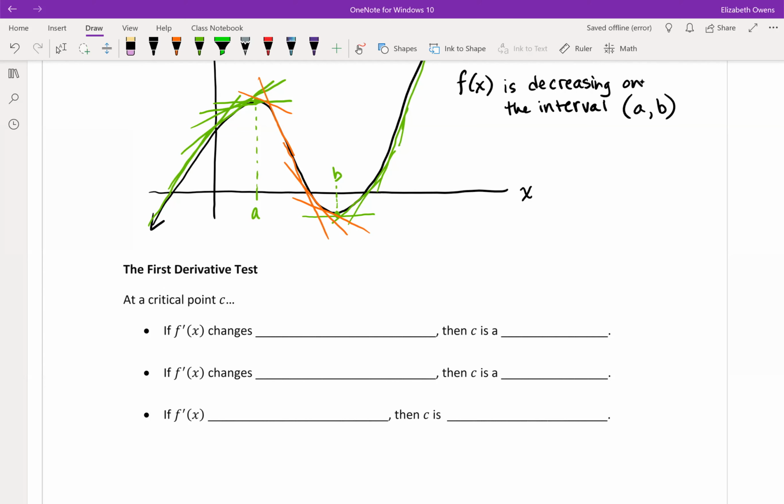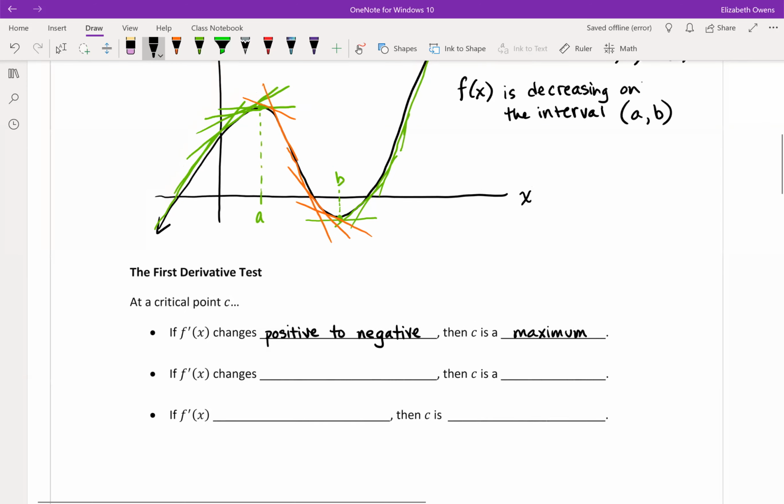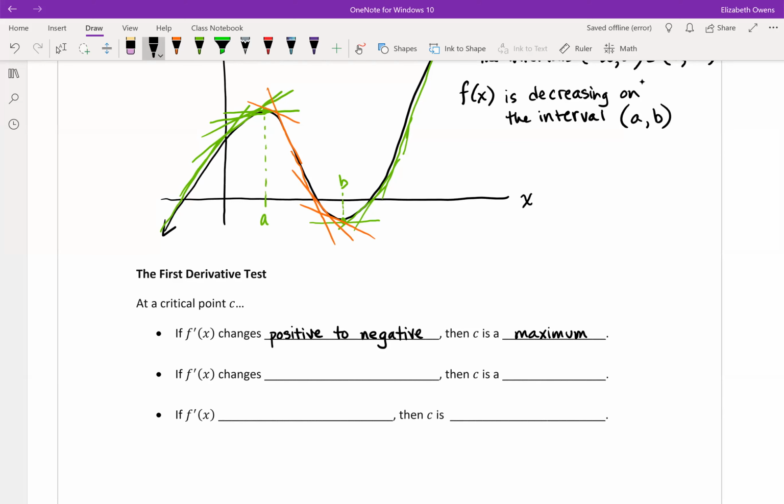So at a critical point C, if you're looking at your number values for the derivative, and that derivative changes from positive to negative as you pass through the critical point, then that critical point C is going to be a maximum of some sort on your graph. Or for your function values, you can also think of it that way.